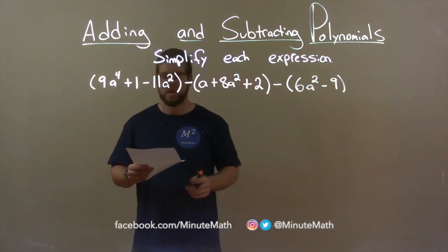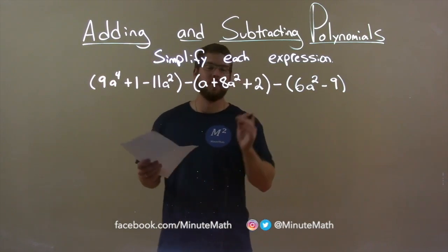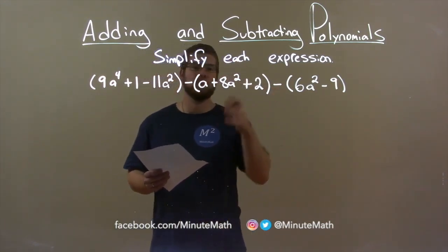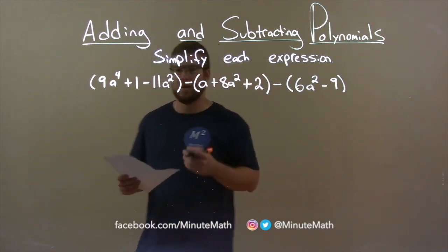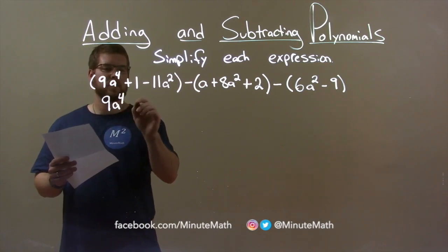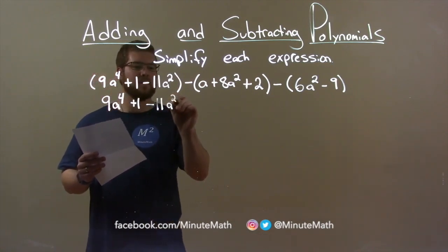All right? Well, within each parenthesis, I do not see anything that I can combine, no like terms. So now I want to distribute my minus signs to their corresponding parentheses. First one doesn't have any, so we just write that down. 9a to the 4th plus 1 minus 11a squared.